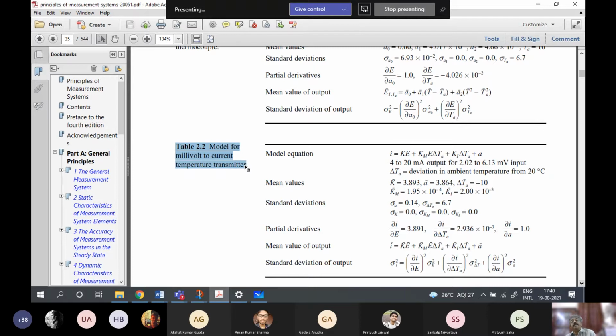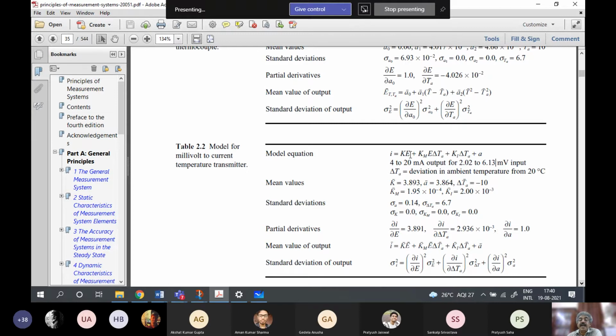Then this transmitter may be interfaced to a computer using some AD converter, and that may be the last part of the measurement system. We can do exactly a similar analysis for that. So the characteristic for the current to millivolt converter is this. This is the model for the current to millivolt converter.